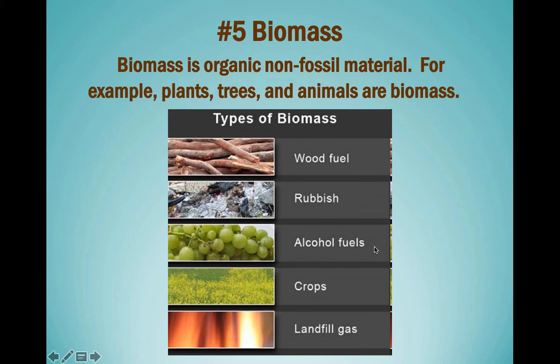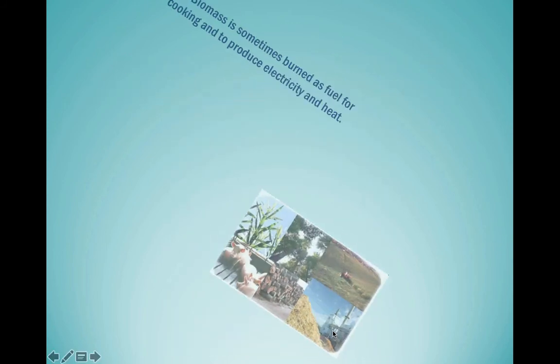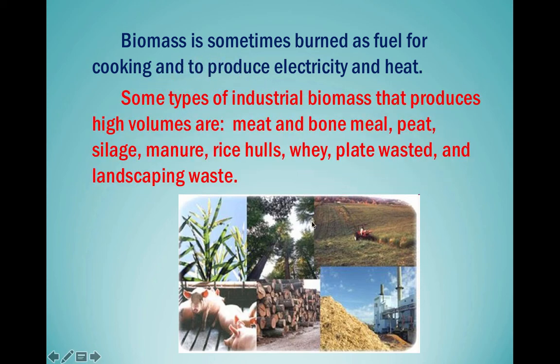People have been using ethanol in their tractors for years. You can now see it used for certain cars. If it says E85, that means they are 15% gas, and corn alcohol is what they made the rest out of. Crops, landfill gas.